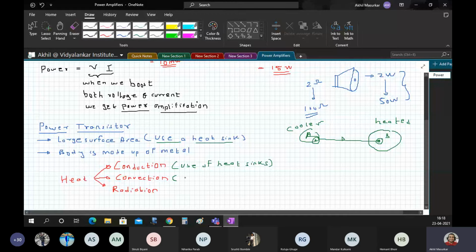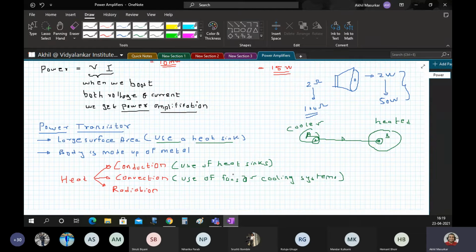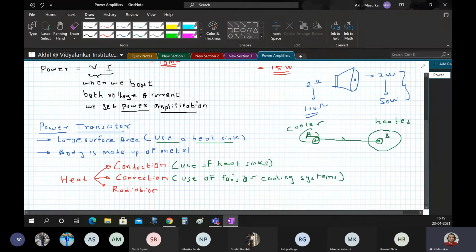And convection can be use of fans, or I will say cooling systems. In the car also this is used. The engine heats up, so there is a coolant which flows through the engine, so it takes out the heat, and this coolant now moves through the radiator, and on top of the radiator there is a fan.